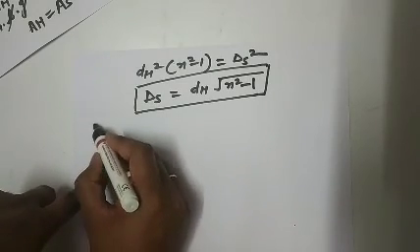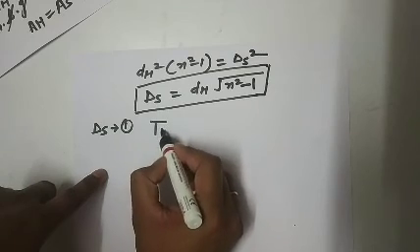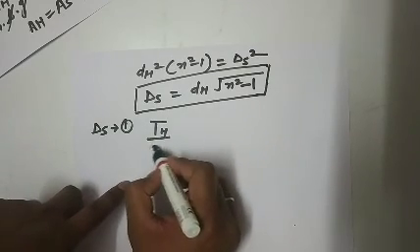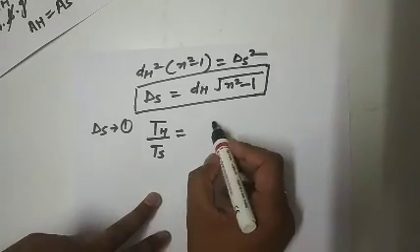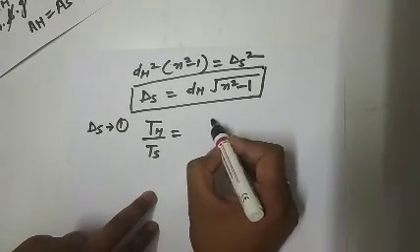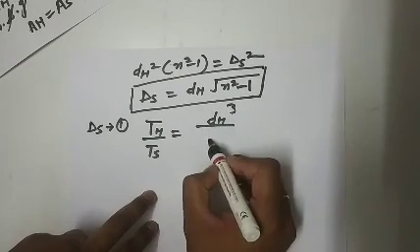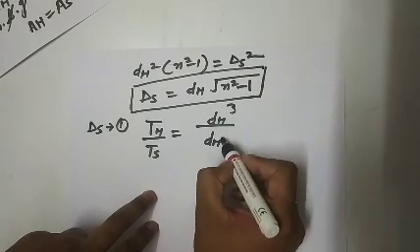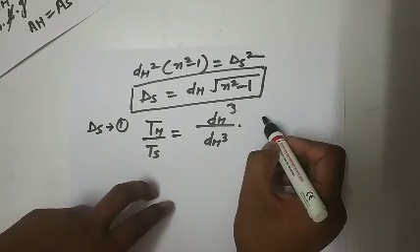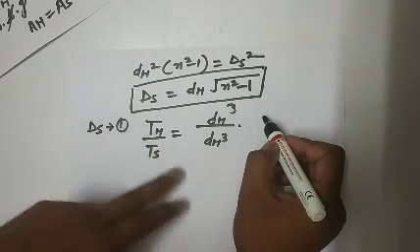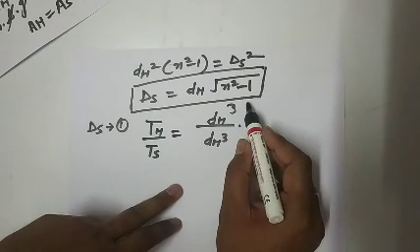Then the torsional strength equation will become Dh cube upon dh cube, right, into n square minus 1 by 2.